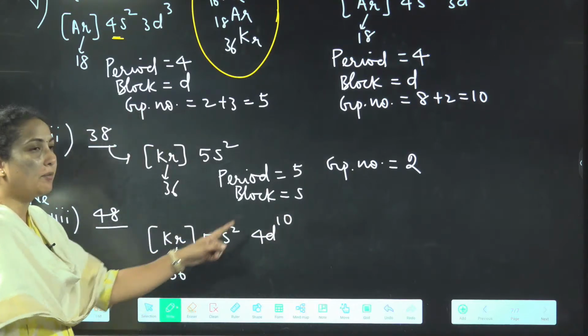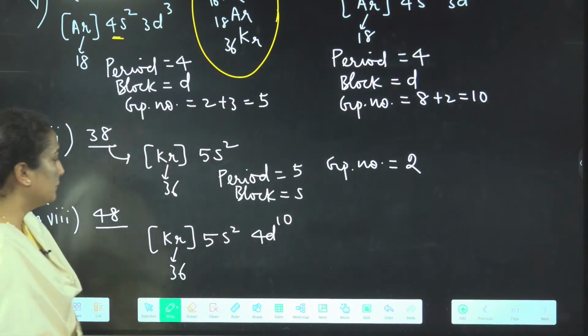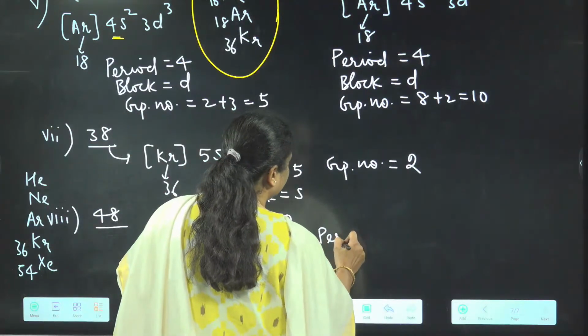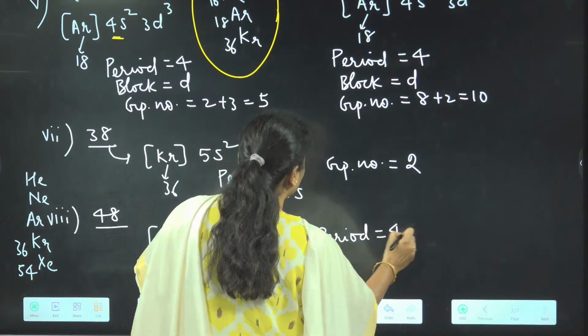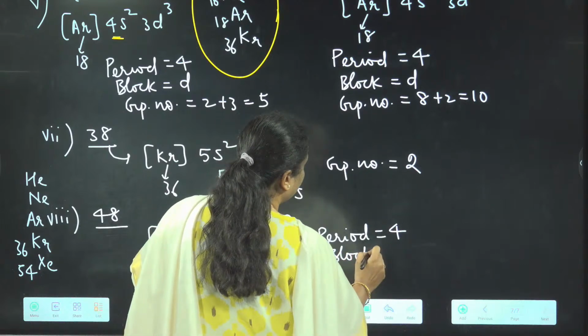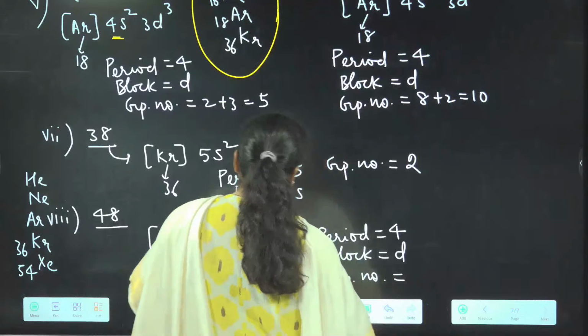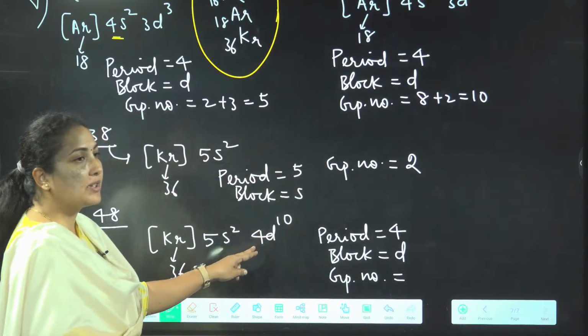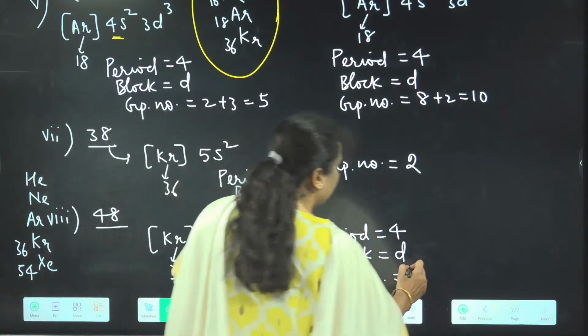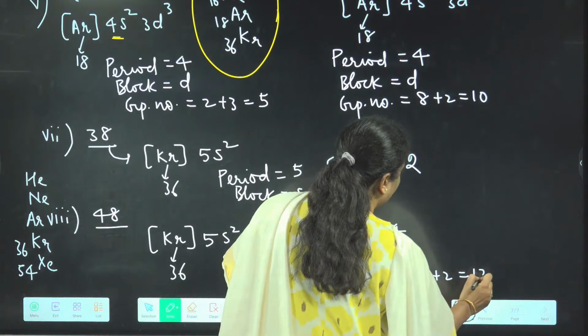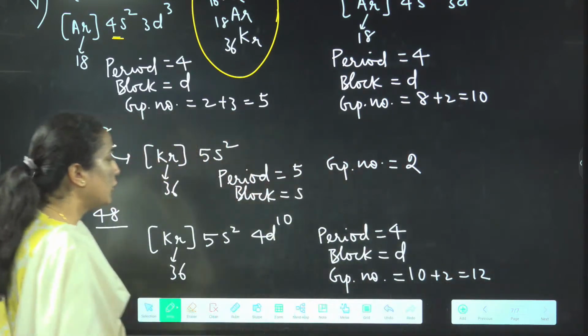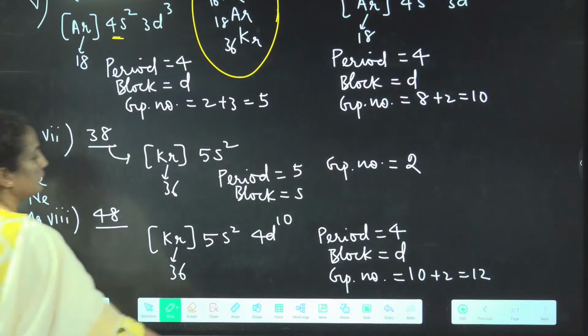Then it is 38 plus 10, which is 48. Now what is the period here? Period is fifth period. Block is D block. And the group number is again (n minus 1) d, which is 10, and ns electrons, so 10 plus 2, which is 12. So group number is 12.